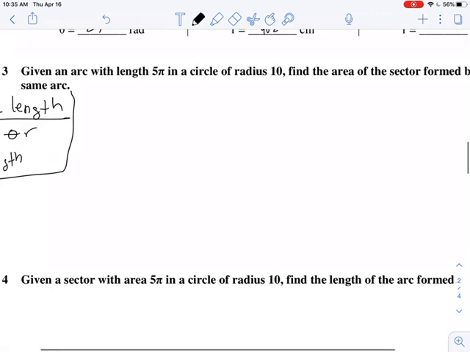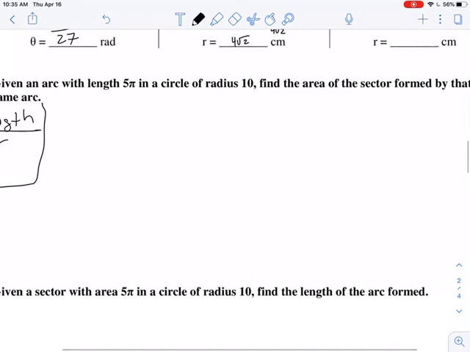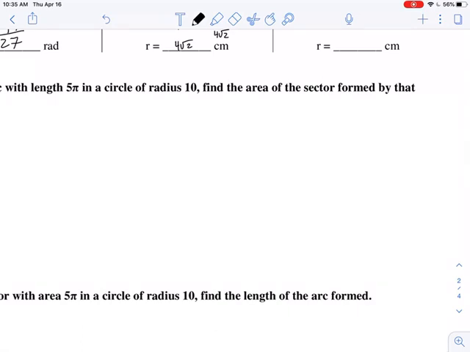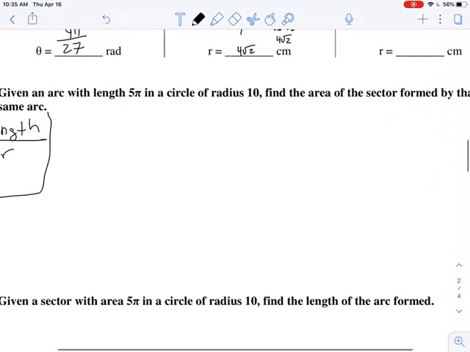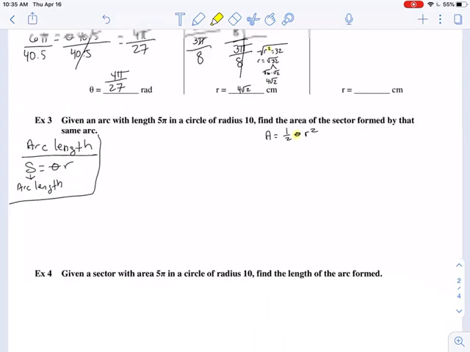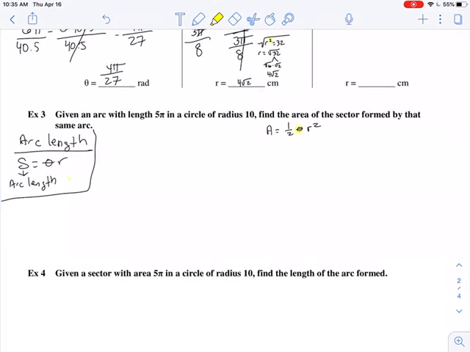It says, given an arc with a length of 5 pi and a circle with a radius of 10, find the area of the sector formed by that same arc. Our formula is half times theta times radius squared. In the information they're giving us, I don't have the theta, right? They give us radius, but we don't have the theta. So we have to use that previous formula, the arc length formula, to find the theta.